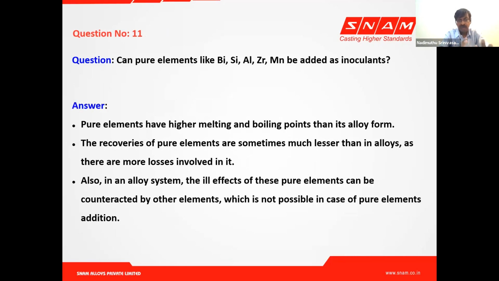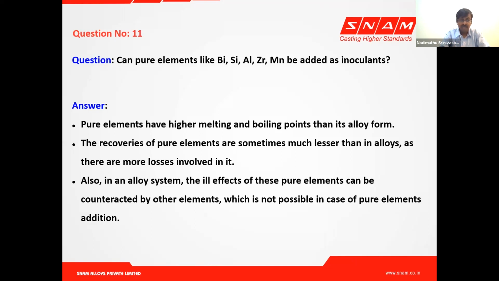Now, any alloy has a lower melting point than a pure metal, which means a pure metal will have a higher melting point. Like I said, when we design the ferroalloy based inoculants, we see that the melting point and the dissolution is lesser than your TL, so that we have a complete dissolution. Whereas with a pure metal, you have no control. The way it occurs in nature, it has its melting point.